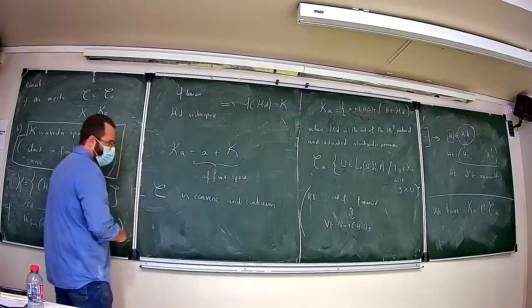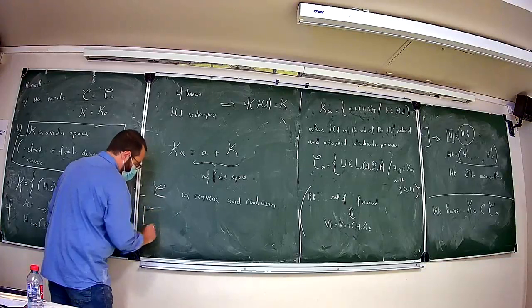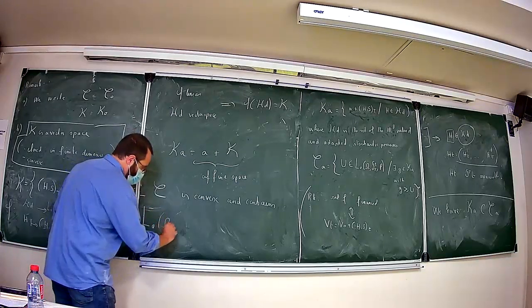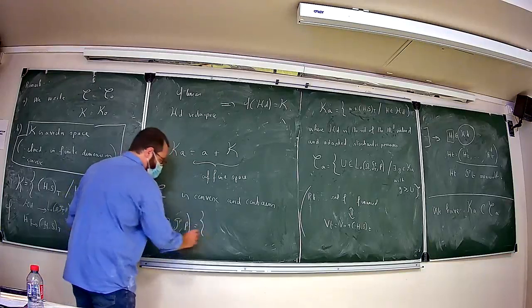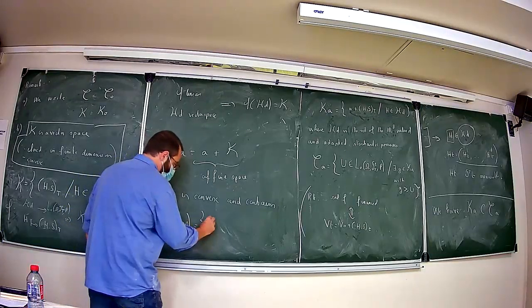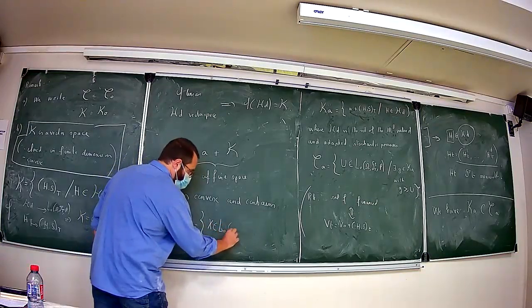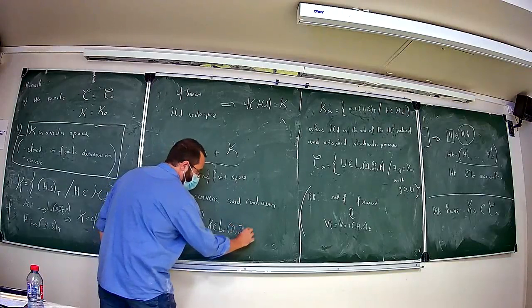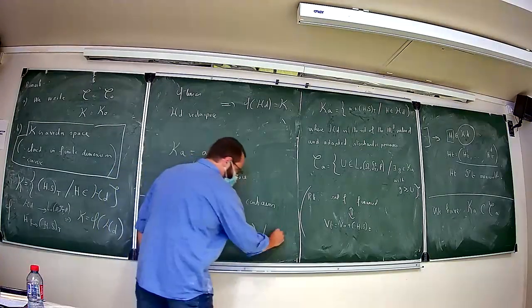And contains what? L minus 0 of omega, F p, that is just the set of the random variables that are negative, in fact.